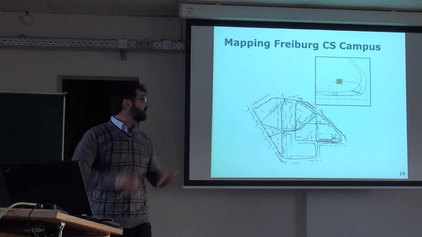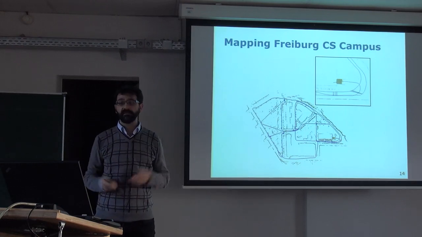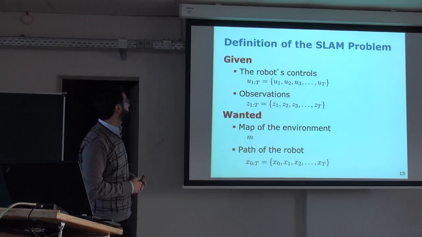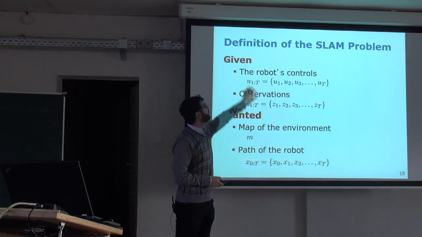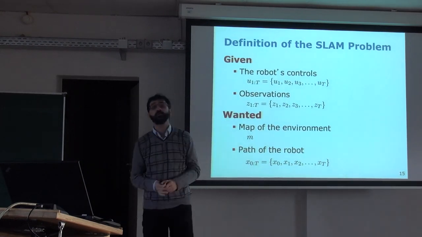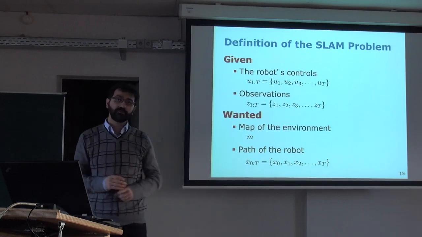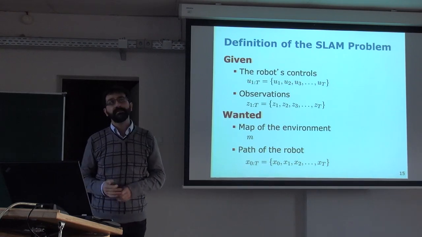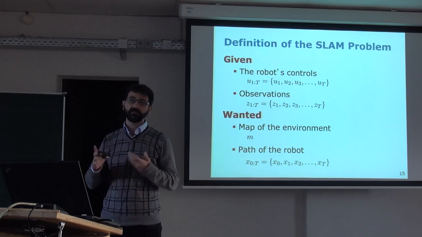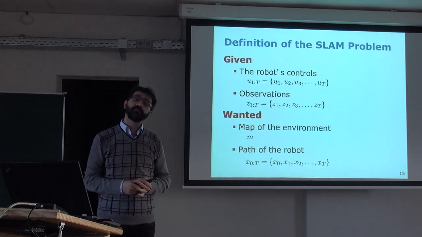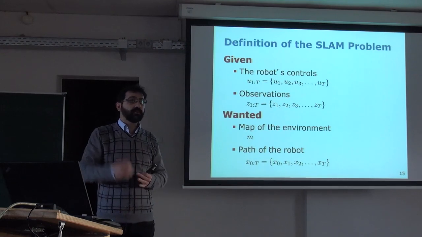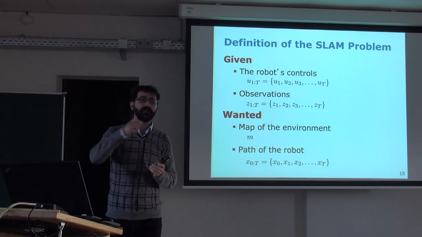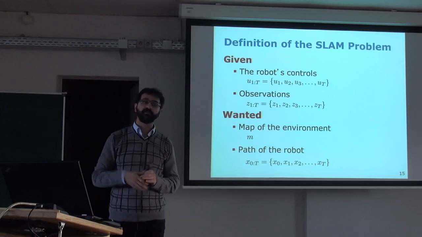So that's somehow very abstract, but let's now go a bit more into the mathematics of the problem itself. We're going to start by giving a bit of notation here. We normally consider U as the control given to the robot. In this case, for instance, this could be something like go forward 3 meters, rotate 2 degrees, or it can also be in terms of velocities, like go on with this translational or rotational velocity, or it can also be a set of coordinates in a different frame if you have odometry.